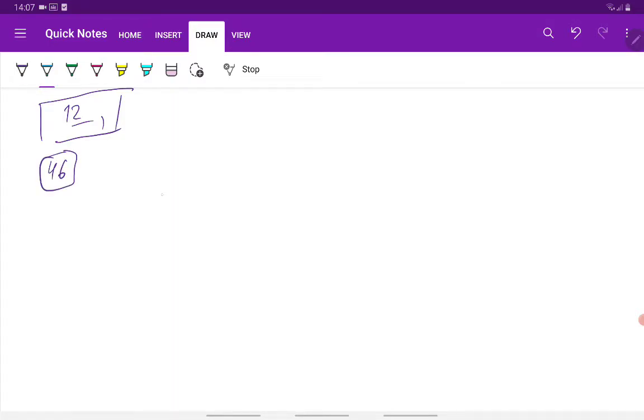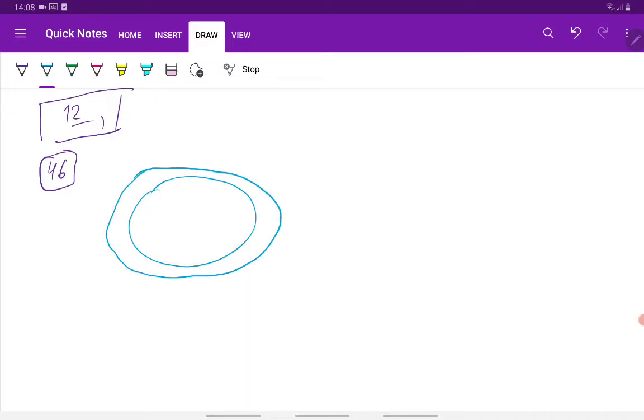We are given a long hollow cylindrical conductor. So here we have the conductor. The inner radius is R1, and the outer radius is R2.